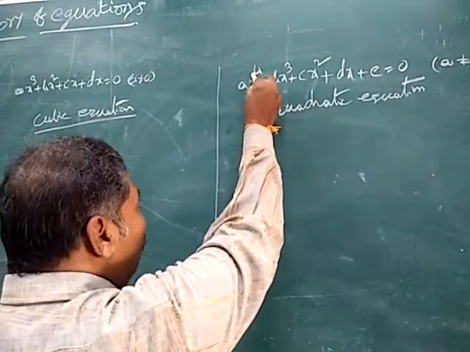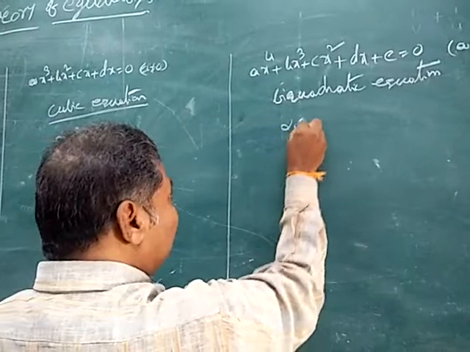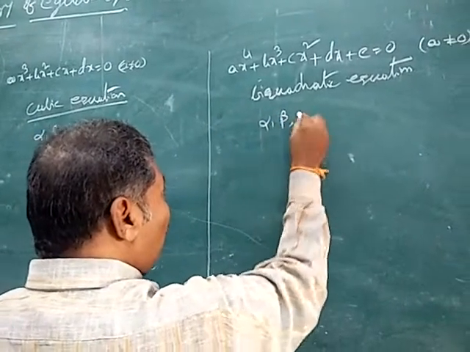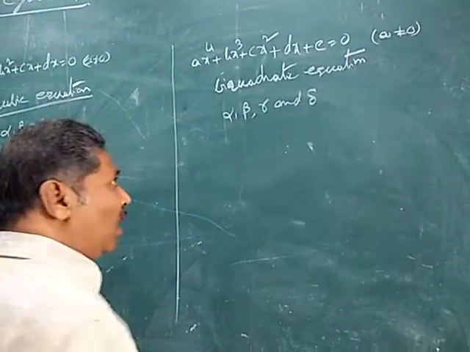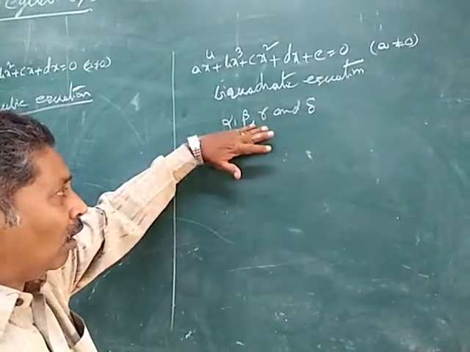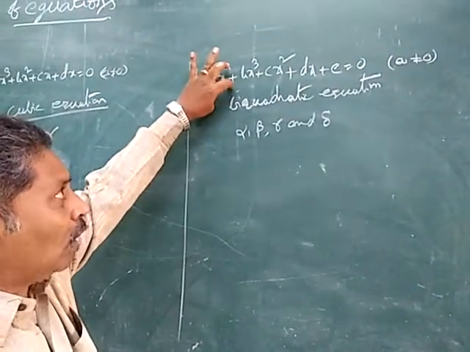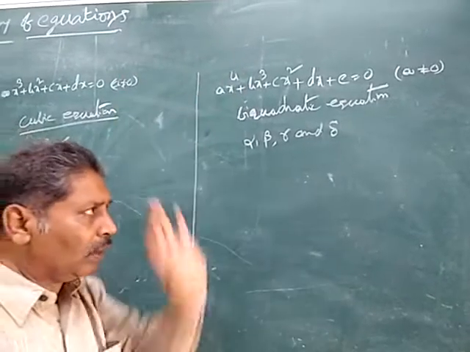So it has four roots. Let alpha, beta, gamma and delta be the roots of this equation.